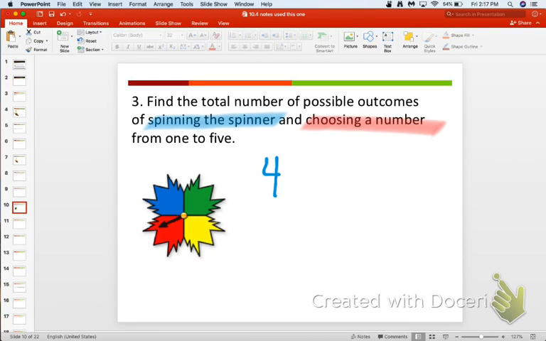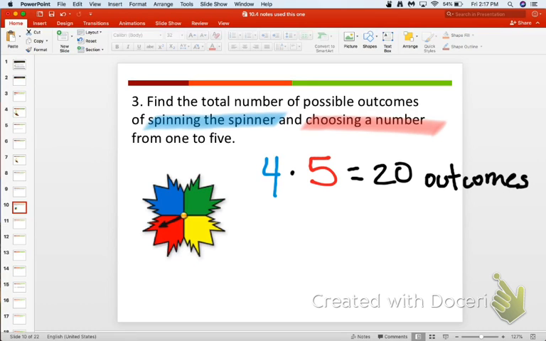Now, I'm choosing a number between 1 and 5. If I count that, 1, 2, 3, 4, 5, I have 5 possible outcomes. So 4 times 5 equals 20. There are 20 total possible outcomes from combining these 2 events.